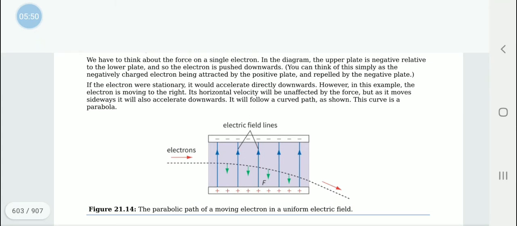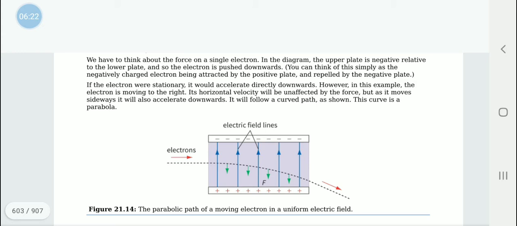In the example below, when a beam of electrons travels between two electrically charged plates, the electrons would start traveling in a parabola.